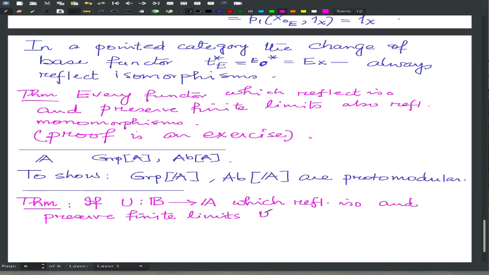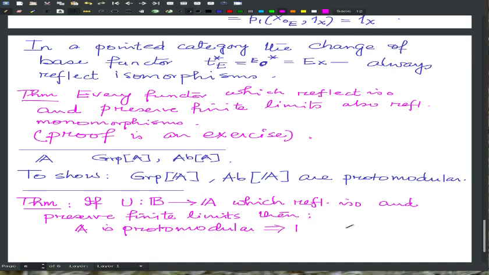Then if A is protomodular, B is protomodular. Okay?